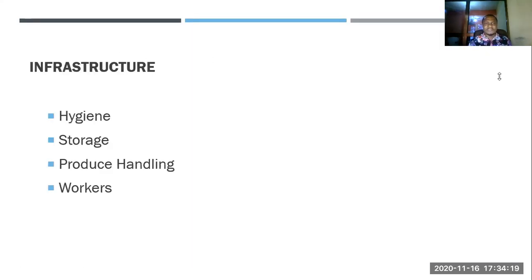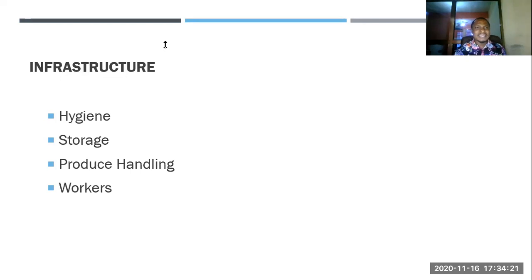Let's look at infrastructure. What are the necessary infrastructure that a client must have in place? You see, Global Gap will not tell you to build a hygiene station or do this or do that. They are saying that there should be hand washing facilities available.